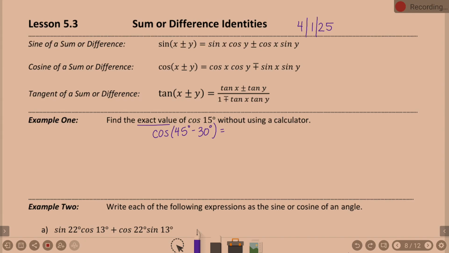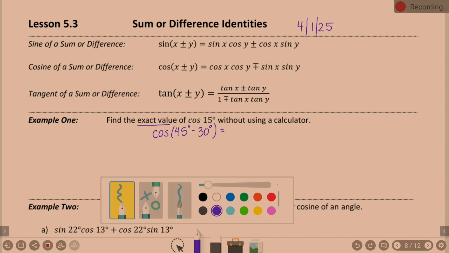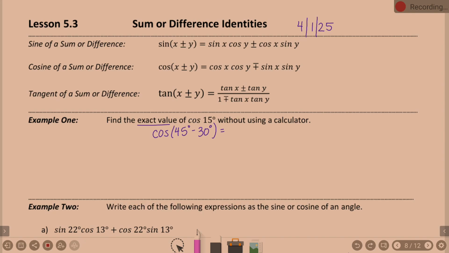Now, here's the deal. We have changed cosine of 15 degrees into cosine of 45 minus 30 degrees. Basically, we're going to fill in this identity here, where 45 is going to go in place of the x value, and 30 is going to go in place of the y value.